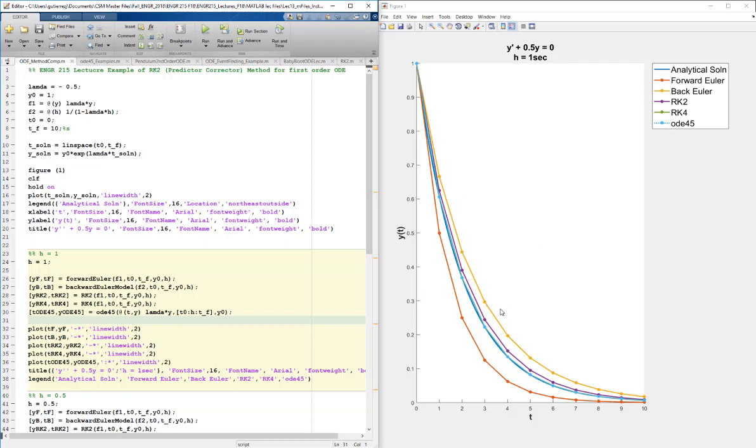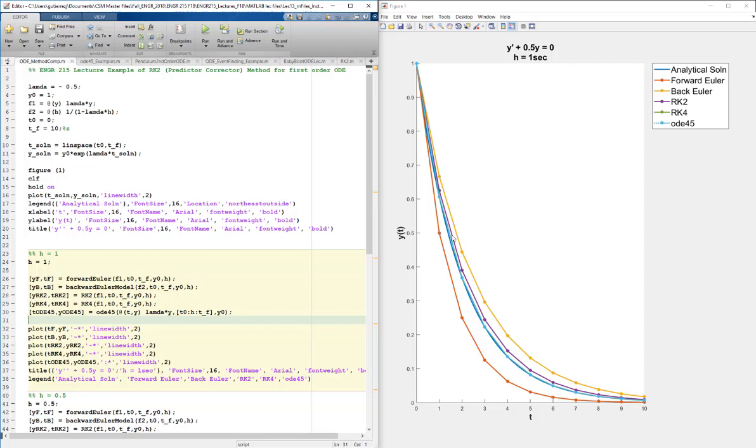What you can see here is that the accuracy of forward Euler is the worst. It's a little bit improved with backward Euler, and a lot improved with RK2. Remember these two methods were of order delta t, and this is delta t squared for RK2, and RK4 is of order delta t to the 4th, so a significantly increased accuracy.